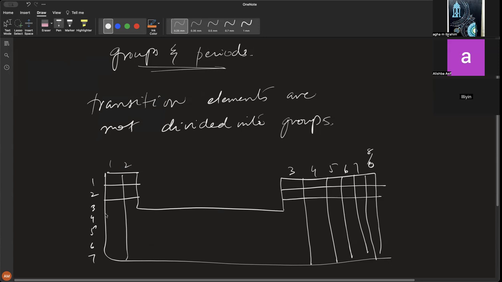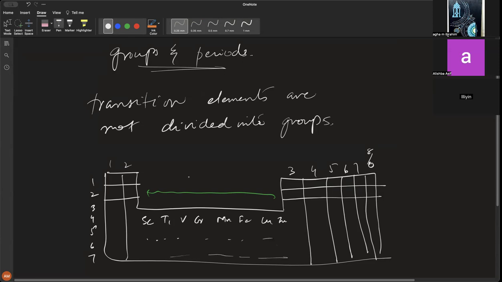But you're going to see that this region, where there are elements such as scandium, titanium, vanadium, chromium, manganese, iron, copper, zinc, and many others as well, is full of elements.